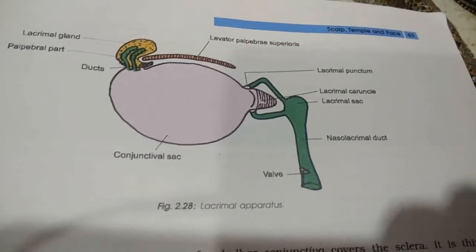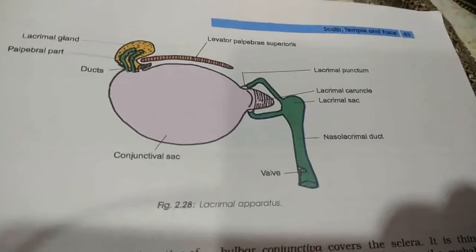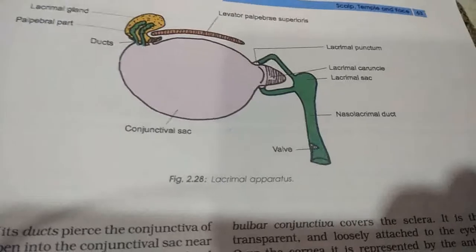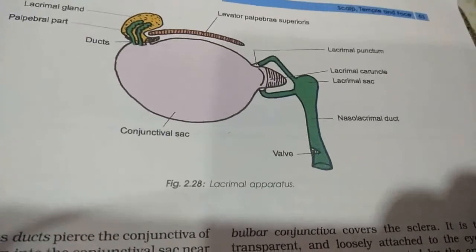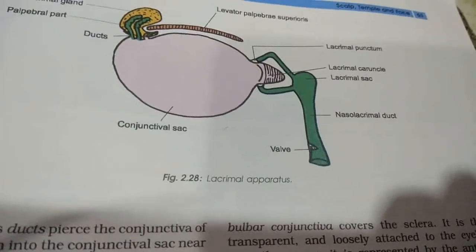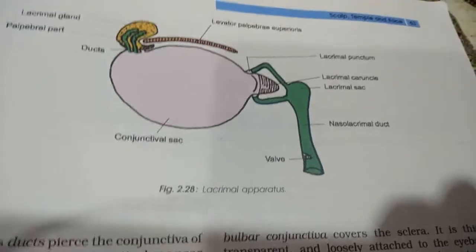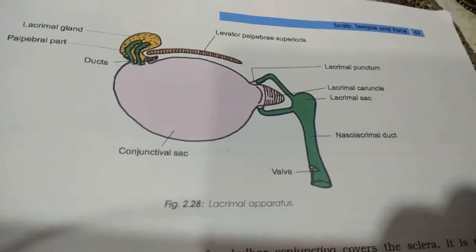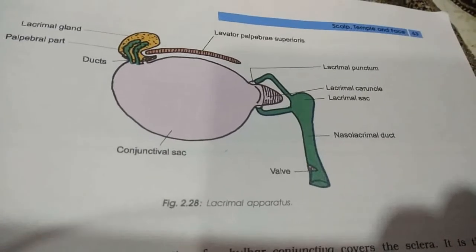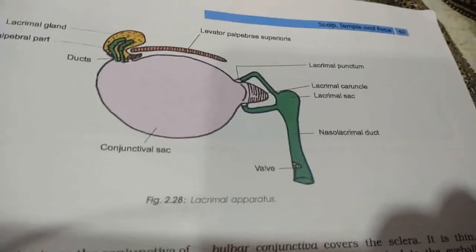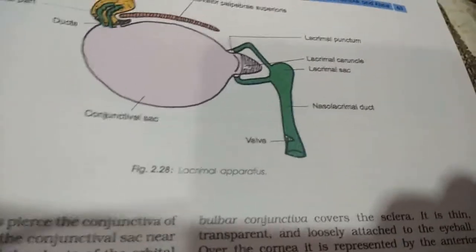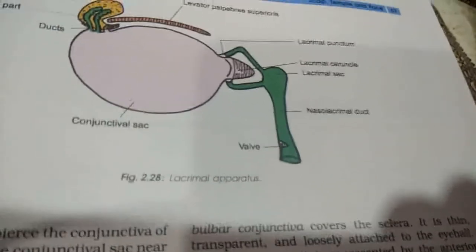Medially, the lacrimal groove separates it from the nose. Laterally, it is related to the lacrimal fascia and the lacrimal part of the orbicularis oculi muscle. Clear? Inflammation of the lacrimal sac is called dacryocystitis.